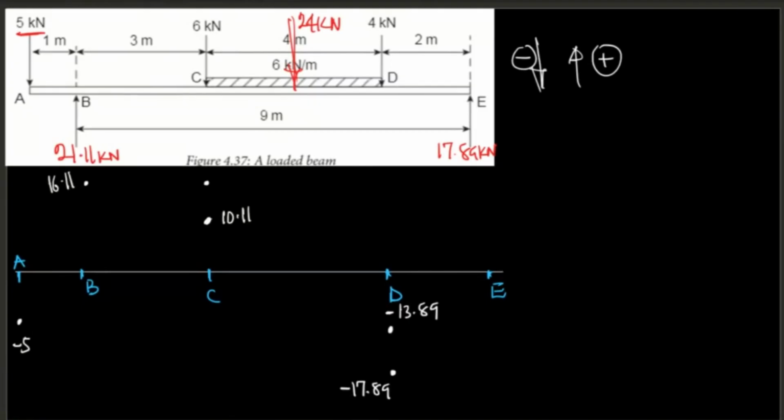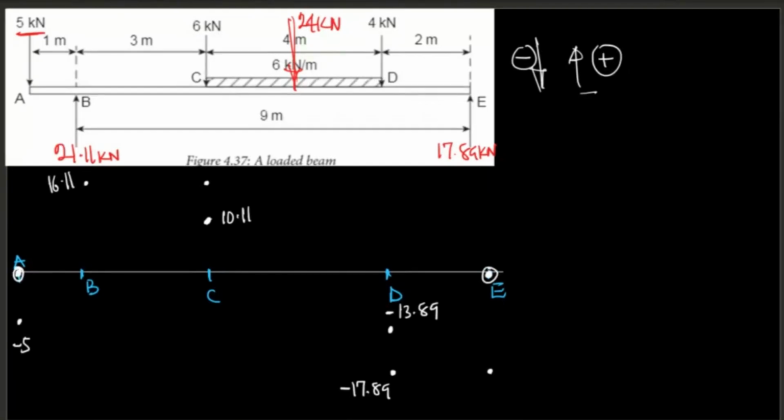Between D and E, there is no force. It's going to be a horizontal line. And then we have another arrow that is pointing up. I told you guys when I was teaching you last week, this thing has to close to zero. If it doesn't close to zero, then there is something wrong somewhere. So here we're going to have minus 17.89 plus 17.89, because it's pointing up, which gives you zero.